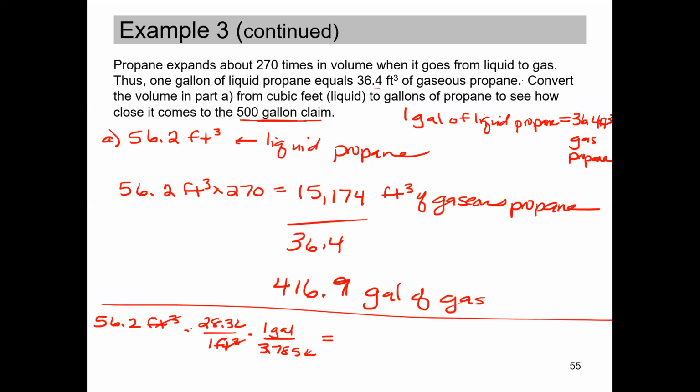So we would do 56.2 times 28.3. It's 1590.46 divided by 3.785. That gives me 420. So either way I do it, this is similar, right? We're just rounding, it depends on where we round along the way.